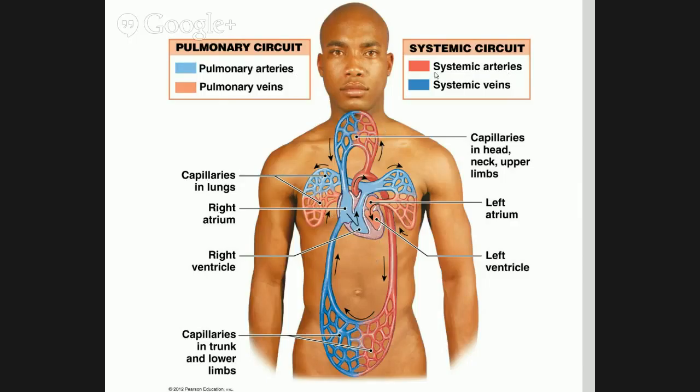And then also in the key up here, they have red and blue keys to show you which is which for arteries and veins, because it's different in pulmonary versus systemic circulation. That kind of shows you the whole layout of the system.